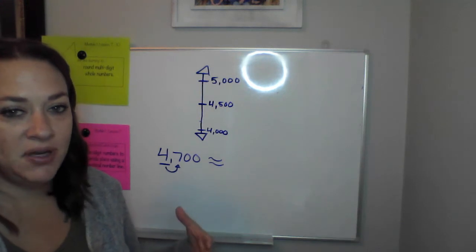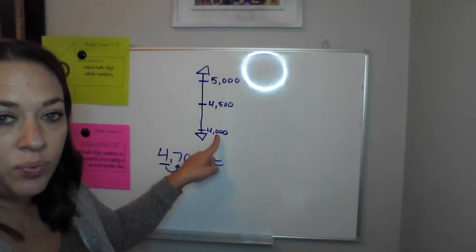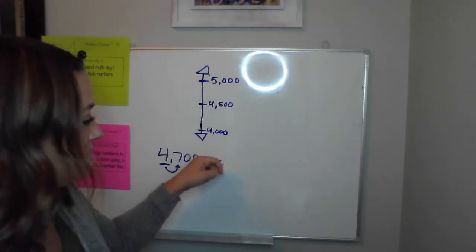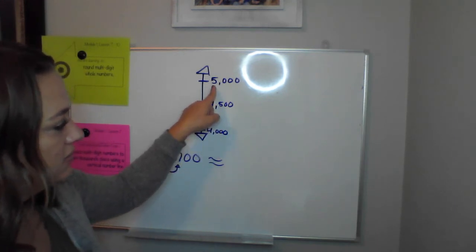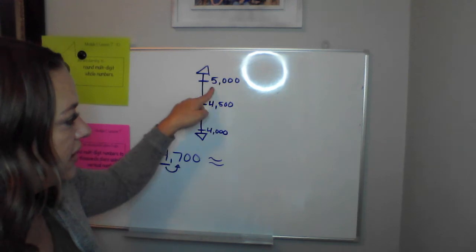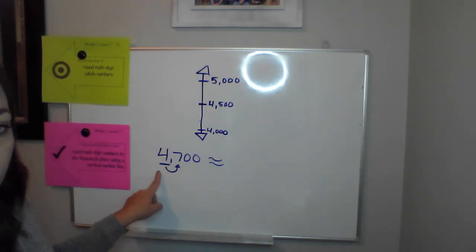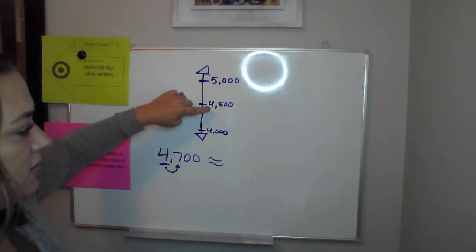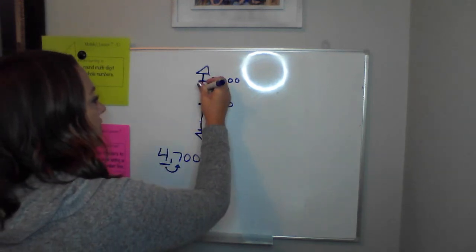To help you find your midpoint, whatever your place value is to the right of your low point, you put a 5 there. So 4,000, 4,500. My high point is 1,000 more. Now we get to plot our number. 4,700 is more than 4,500, so that's going to go about here.